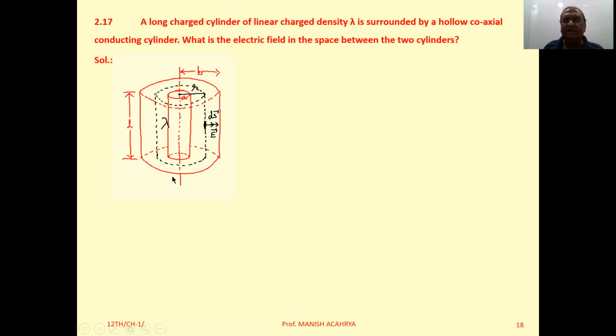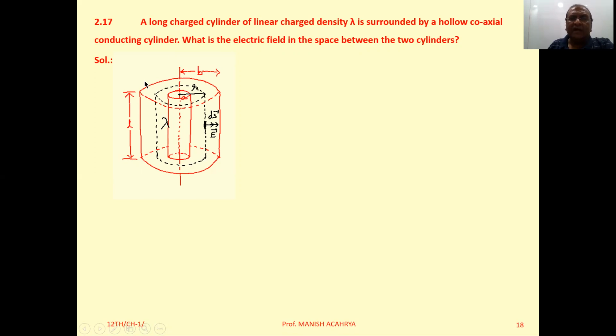Here we consider the length of the cylinder equal to L. Now see this inner cylinder with radius equal to a, and that particular cylinder is charged, and the linear charge density for that cylinder is lambda.